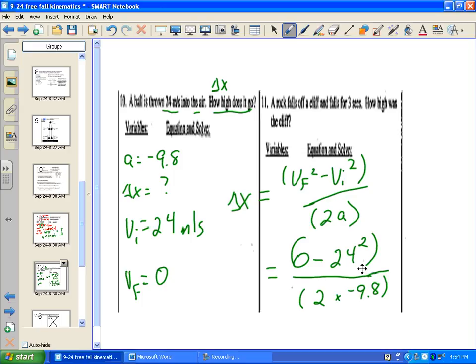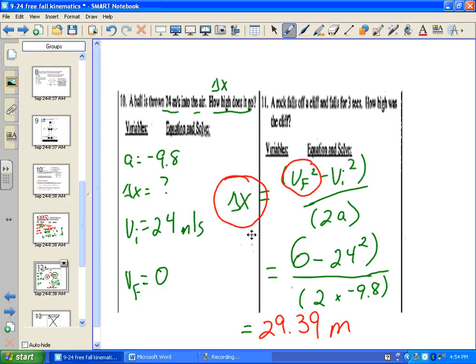So our answer on that is 29.39. Now we solve for delta x, and so our unit is going to be the meter. I don't have to square root this answer because I'm not solving for VF squared. I'm solving for delta x. Delta x is not squared, so there's no square root we have to do.